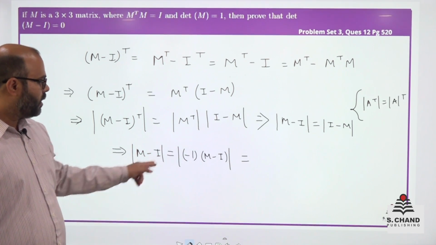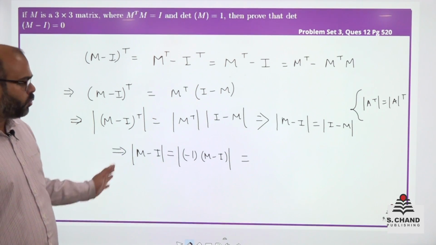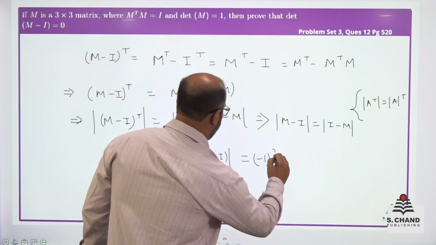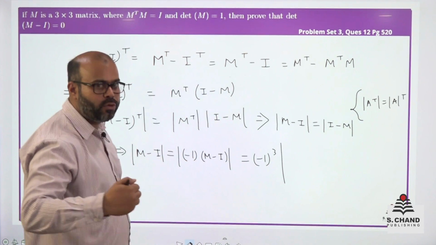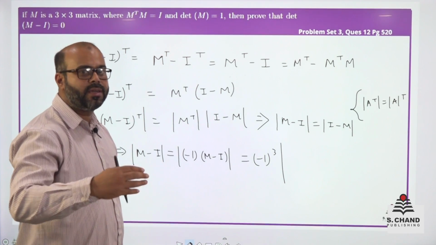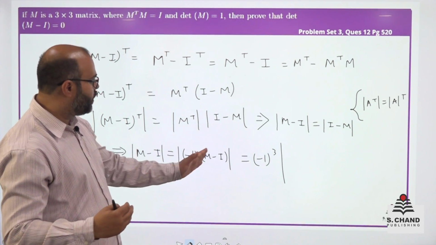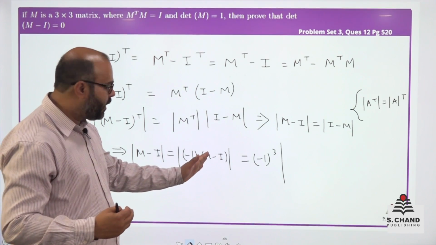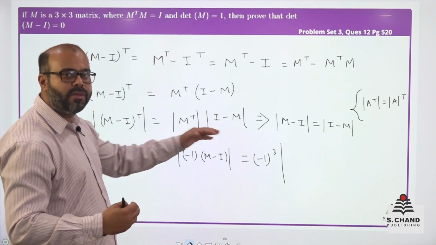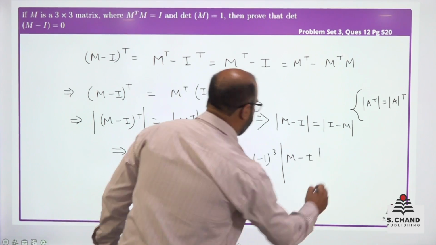So if you take this scalar outside, it will be common from 3 rows, so it will come out as minus 1 to the power 3. Because a scalar when multiplied to a matrix is multiplied to all the elements, and in case of a determinant, it is multiplied to only one row or only one column. So minus 1 to the power of 3, times determinant of M minus I.